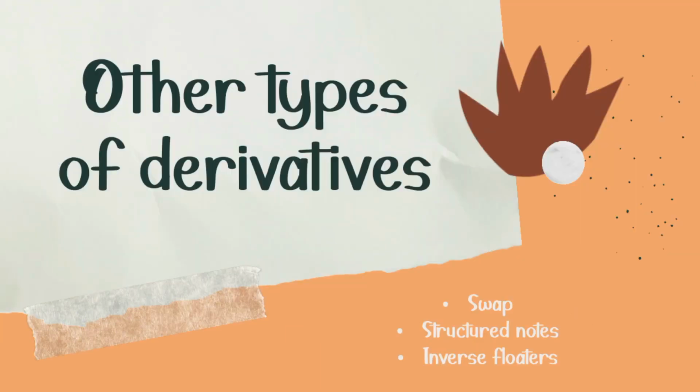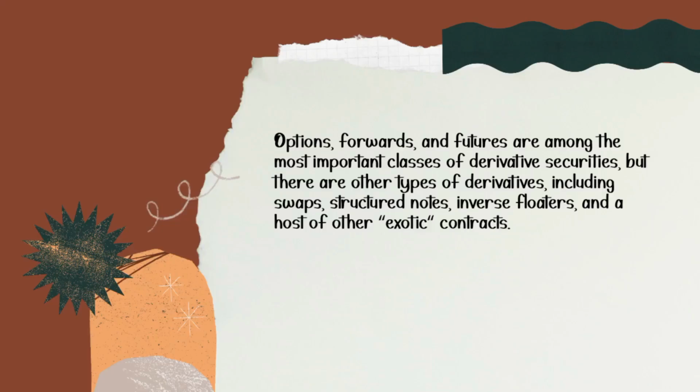So next, other types of derivatives. Options, forwards, and futures are among the most important classes of derivative securities. But there are other types of derivatives, including swaps, structured notes, inverse floaters, and a host of other exotic contracts.